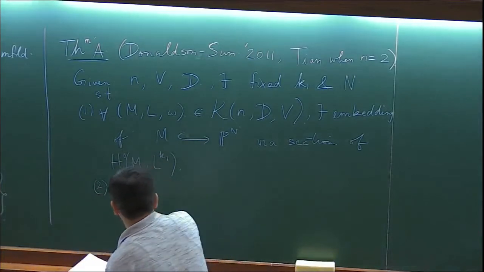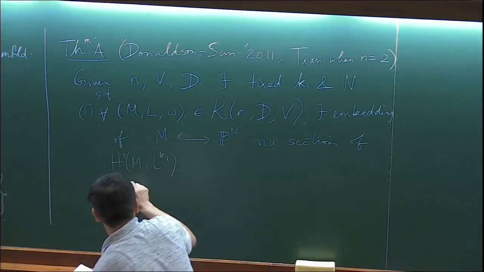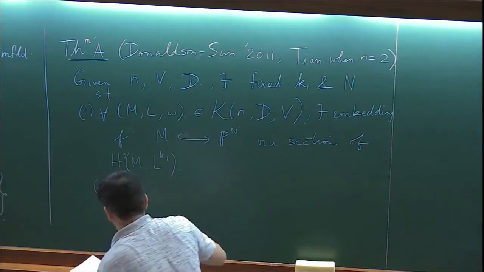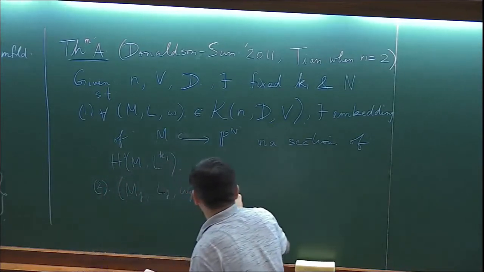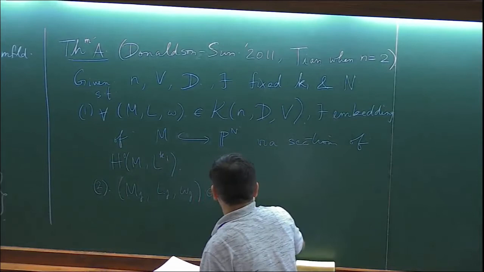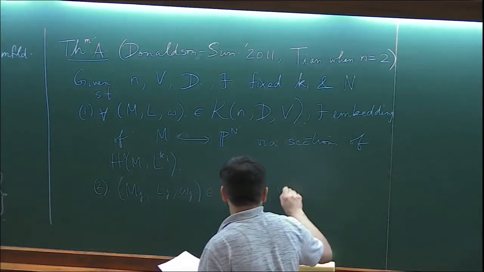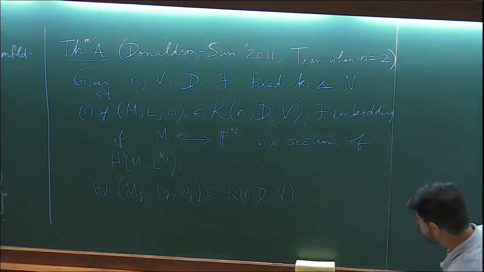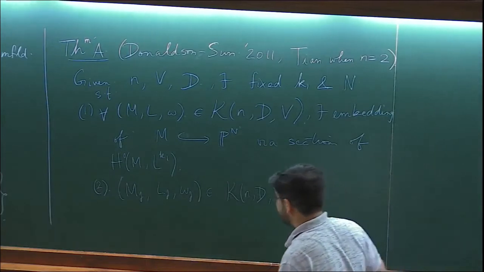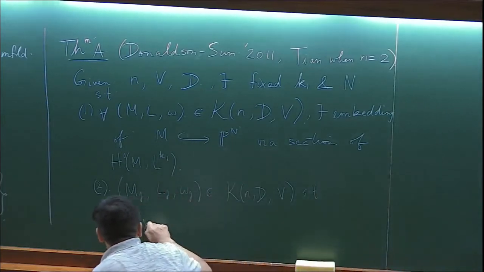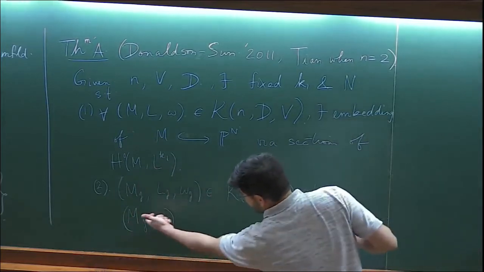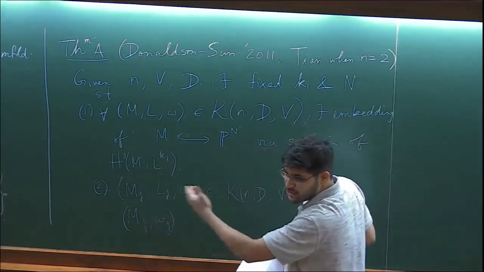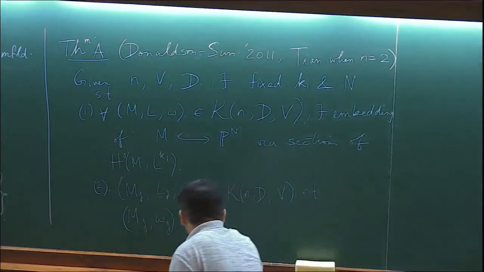And so the second part is, suppose I look at a sequence Mj, Lj, omega j of tuples here, such that these guys converge. So omega j defines a Riemannian metric and hence an actual metric on Mj.